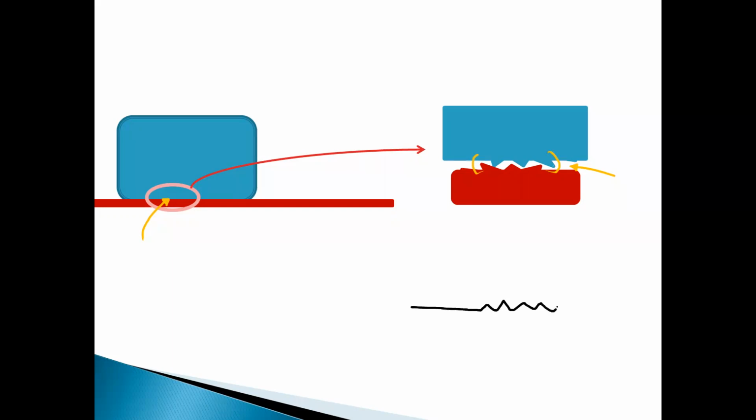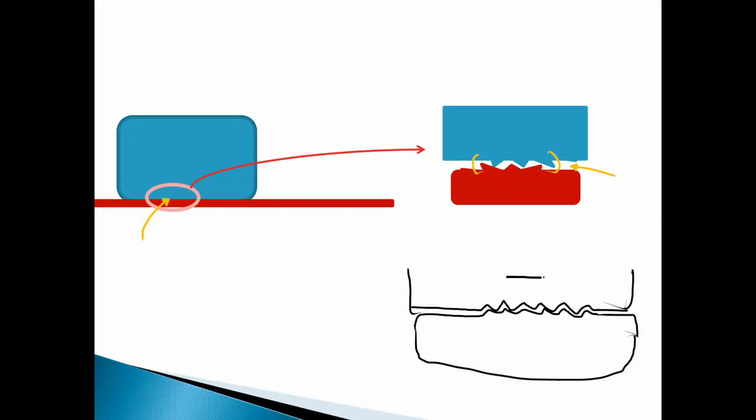So actually your surface will be like this, and when it is in contact with another surface, you will have the interlocking like this. Whenever we apply some force on one object, the other object will create the opposition, and this opposition or resistance is called friction.